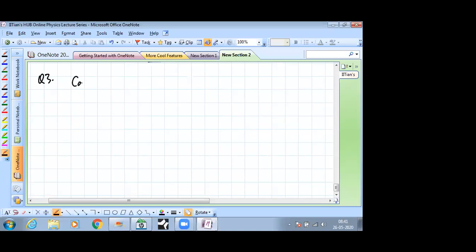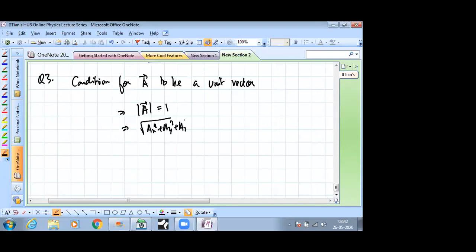So the condition for a given vector, let's say A, to be a unit vector is just that mod A should be equal to unity, or root of ax square plus ay square plus az square should be unity, or just square both the sides. So ax square plus ay square plus az square should be equal to unity. So just apply this condition for that given vector, and you will find the value of the unknown quantity C.